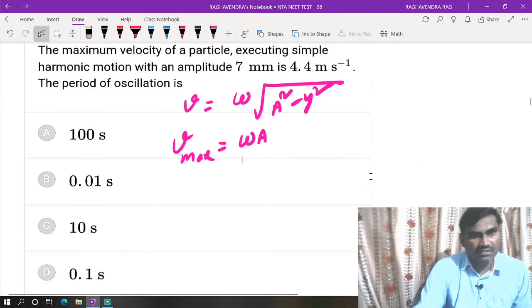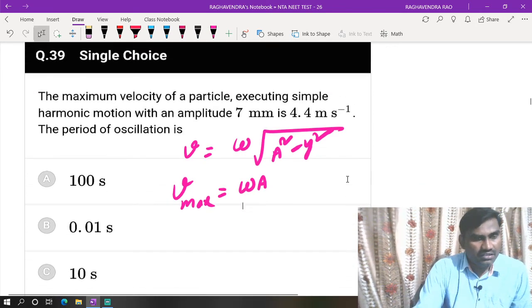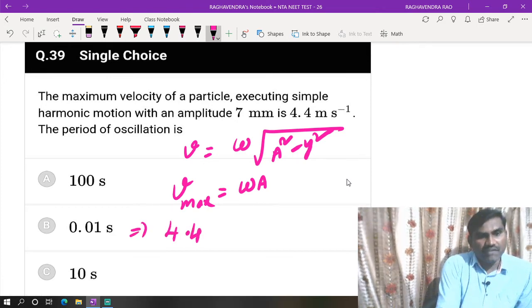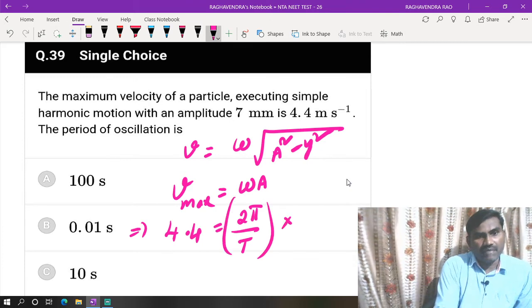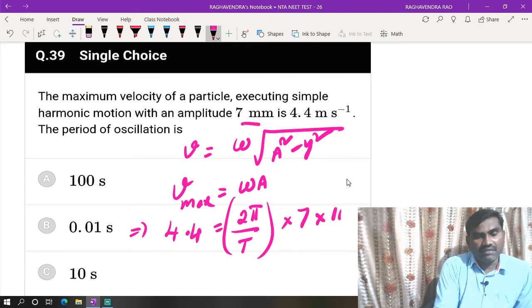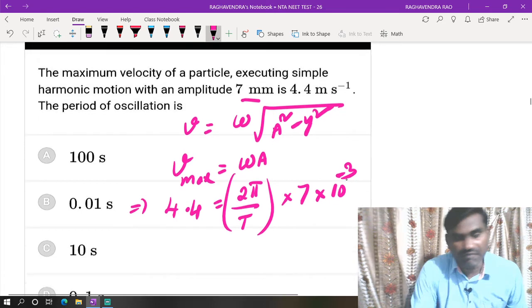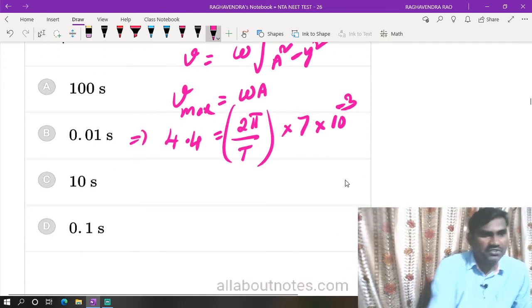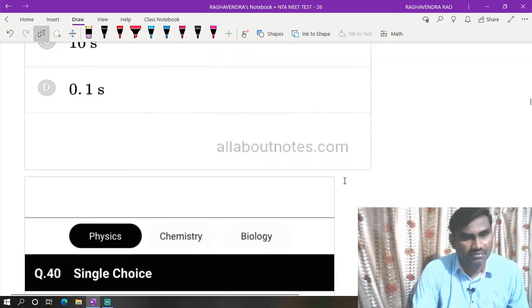Now they gave the maximum velocity as 4.4, so 4.4 is equal to omega into amplitude. We can write omega as 2 pi by T, into amplitude 7 mm, which is 7 into 10 to the minus 3. By simplifying, we get the time period as 0.01 second. That is in option B.